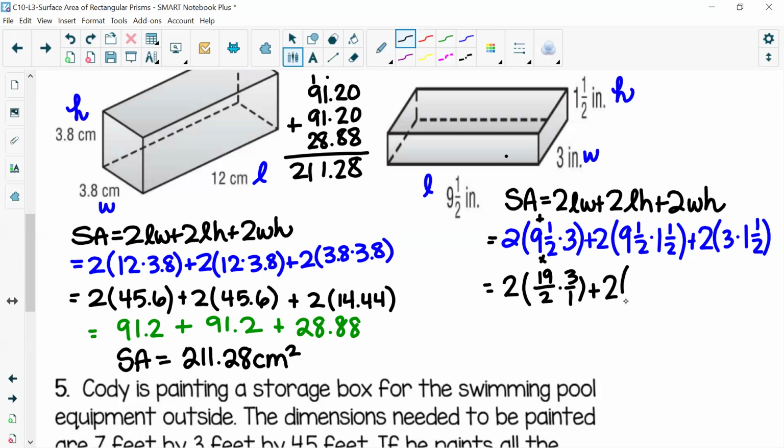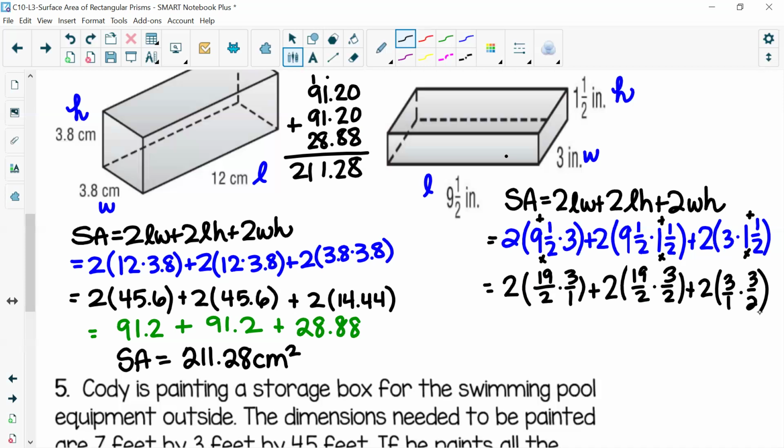We have 2 times 19 over 2. Then 1 times 2 is 2, plus 1 is 3, so 3 over 2. Again, not very friendly. Last, we're going to have 2 times 3 over 1 times, again, 3/2.